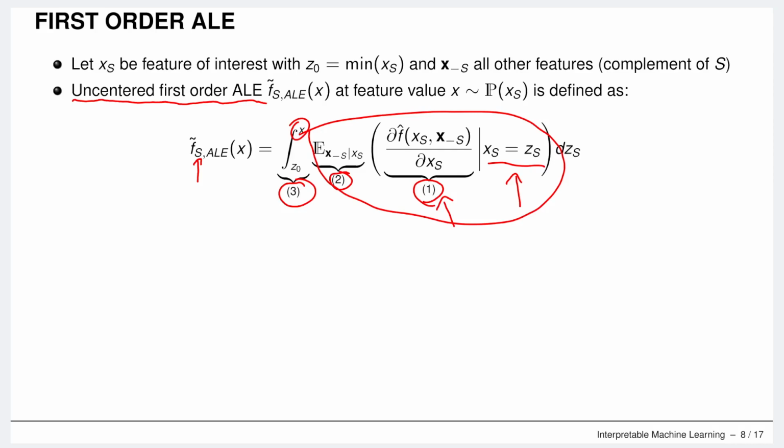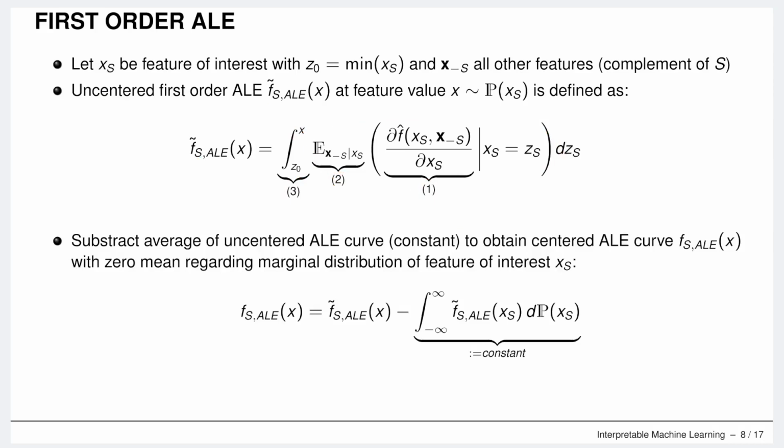What is usually done is to center the uncentered ALE. This can be achieved by subtracting the average of the uncentered ALEs. This results in effect plots that are centered around 0.